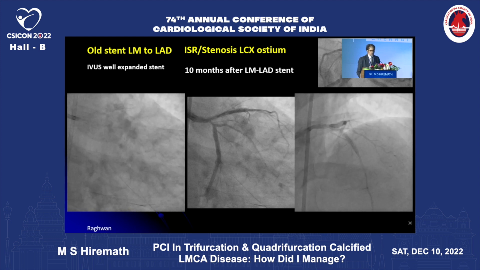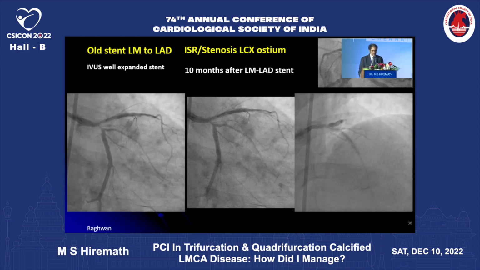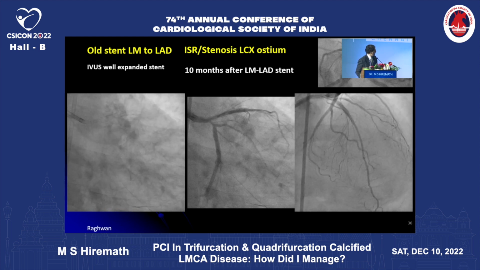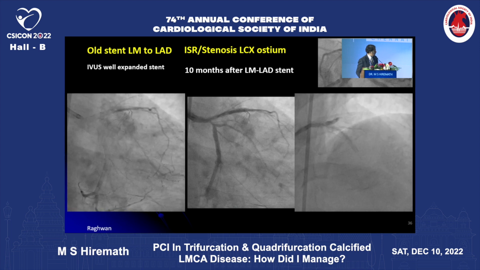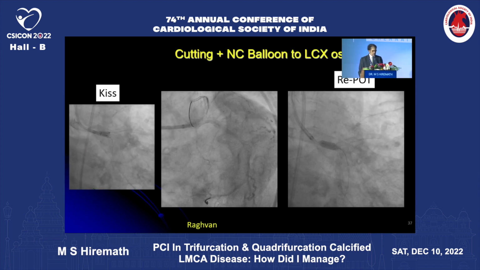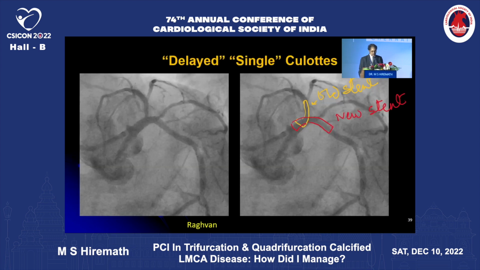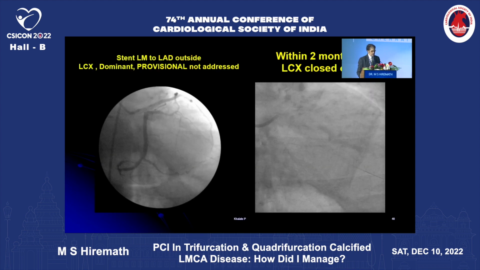So we did a culotte with the old stent and put a stent from left main towards circumflex. So we used a cutting balloon. You can see a kiss, a final part, and this is the final result. The left main to circumflex, and this is the old stent.